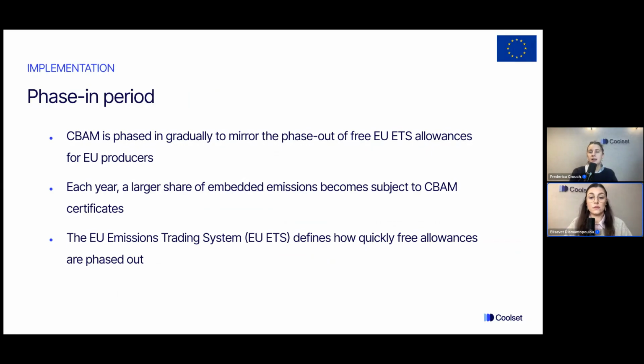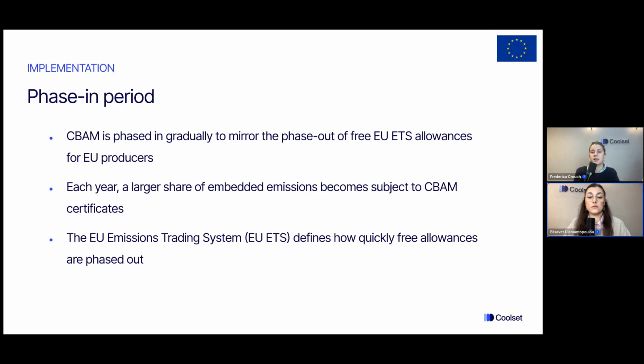So every year, for example, an EU steel producer emitting 100 tons of CO2 might only have to buy 60 or 70 tons of CBAM allowances, but this free proportion is going to reduce, and consequently the share of emissions subject to CBAM certificates will increase. And the EU ETS is what defines how quickly this happens.